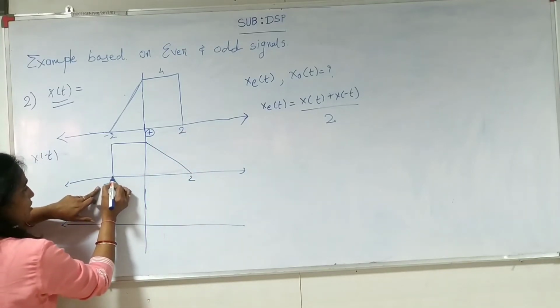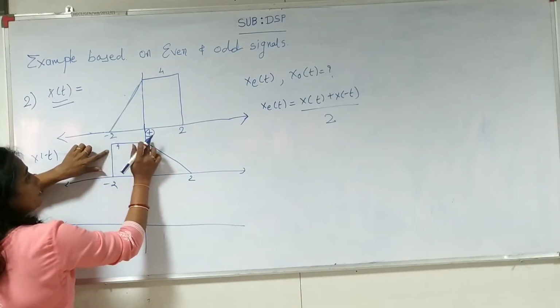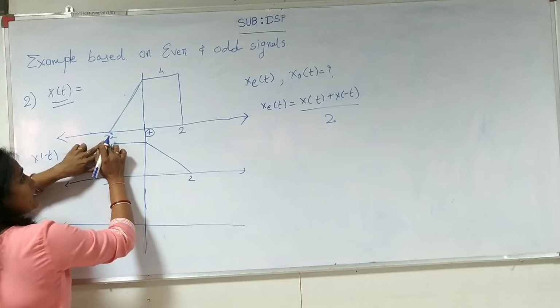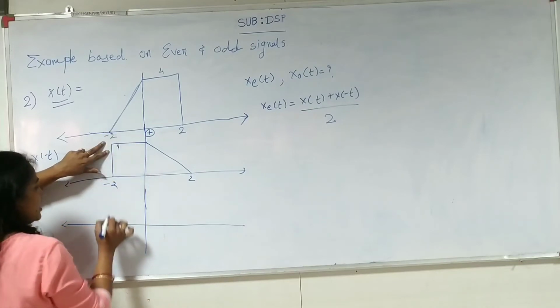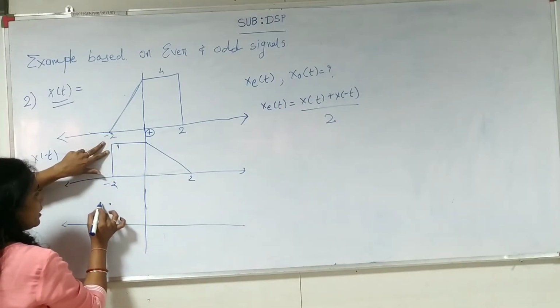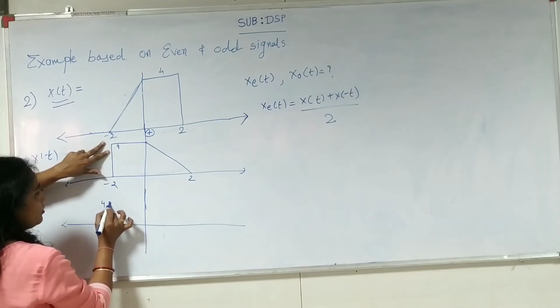So at minus 2, its value is 4. This is the constant line. But at minus t, our original signal is 0. So adding at this instant, 4 plus 0 is nothing but 4. So for minus 2, we are getting the value 4.